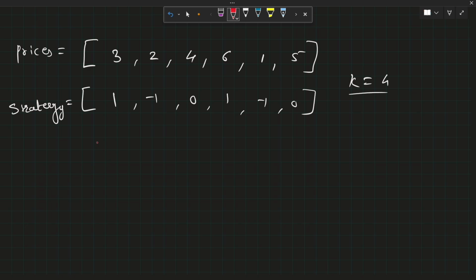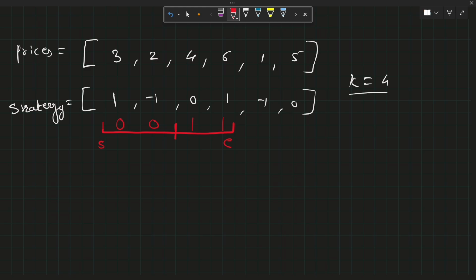We will consider a subarray starting from the start, and it is of size k, and for half of the elements it will be 0, and for the next half we will be having 1. Let's say this is the start and this is our k minus 1, or I would say here it is just basically end.